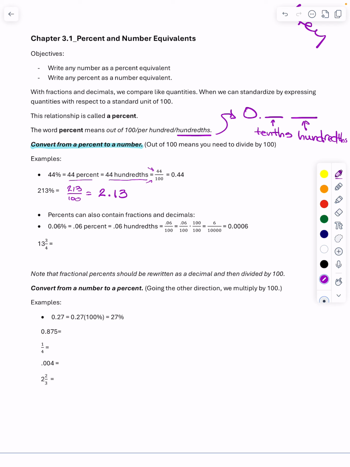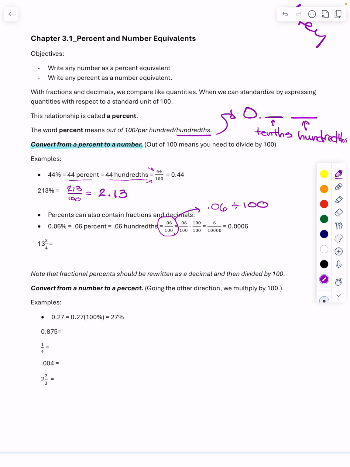We can also do these, and this gets a little confusing. It's important to pay attention to whether you've got the percent or you are converting. 0.06% means 0.06 hundredths. And I did a lot of the math here. Again, you can go right from this point, 0.06 out of 100, and I could pop that into the calculator. Same thing.